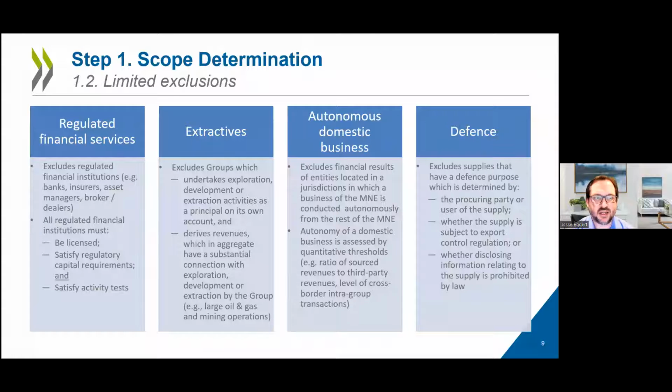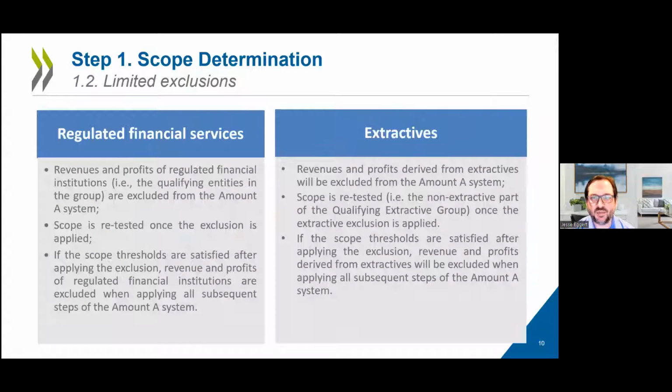So looking at slide 10, these exclusions are grouped into two groups. We have the exclusions for regulated financial services and for extractives, where we remove the revenue and profits from these types of activities, and then we retest scope.